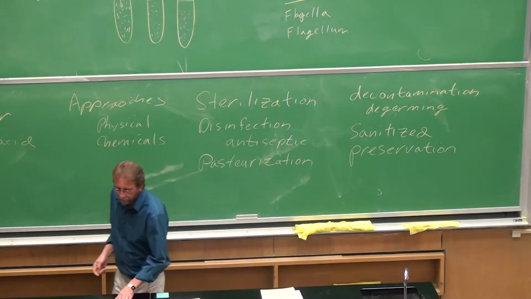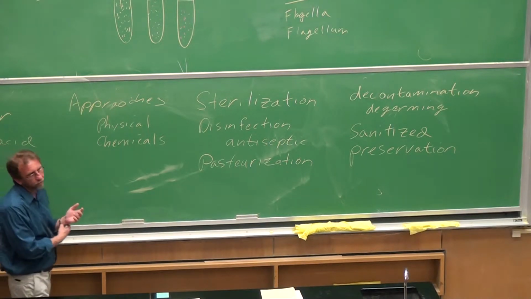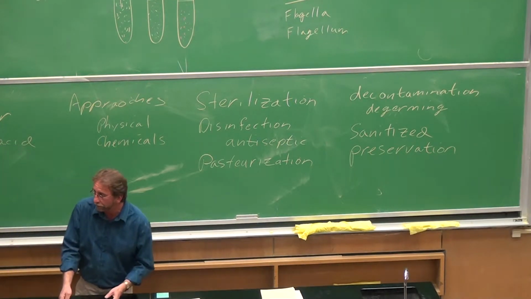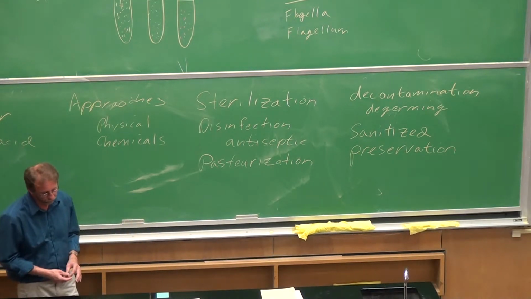Preservation. Now this is a means by which we inhibit or limit bacterial growth, usually by adding salts and sugars or removing available water, and salts and sugars will do that for us.